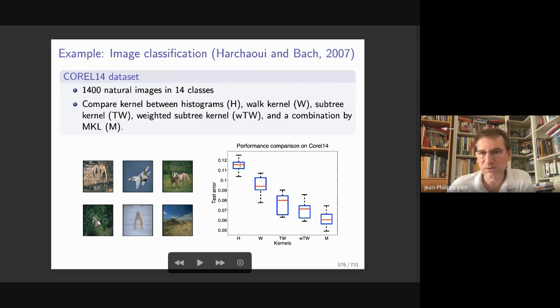So we see that there are differences. For example, here the WTW kernel is better than the other ones. But the last performance, which is even better, is MKL. So it's a multiple kernel learning that was applied to the 4 kernels here. Right. So again, this is a case where you can test different kernels, in this case for images. And at the end, if you combine them, for example, with MKL, you obtain even better performance.